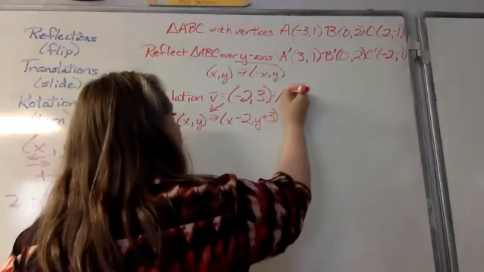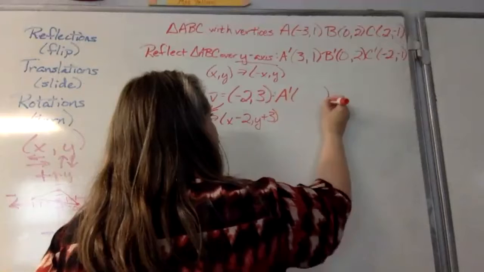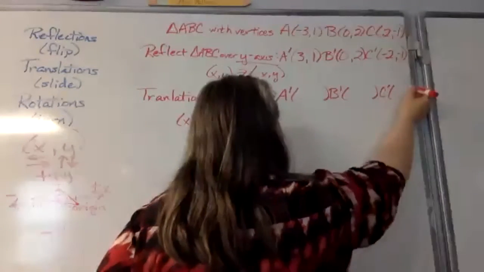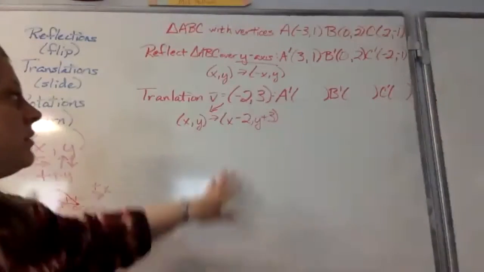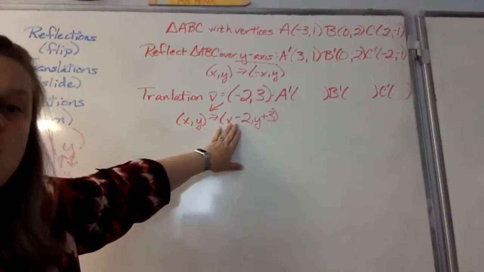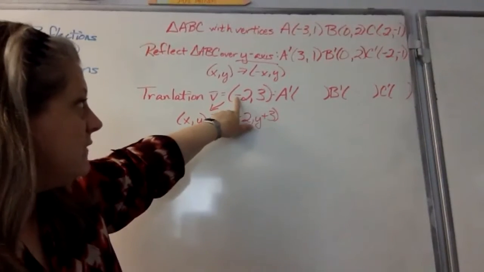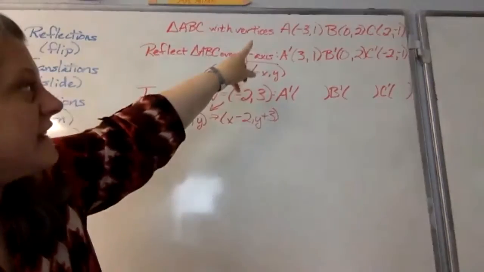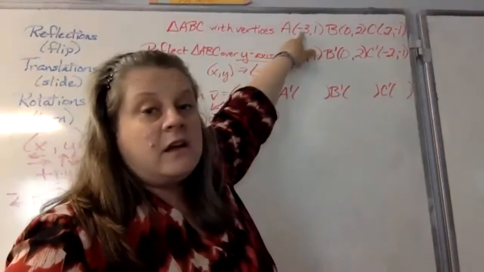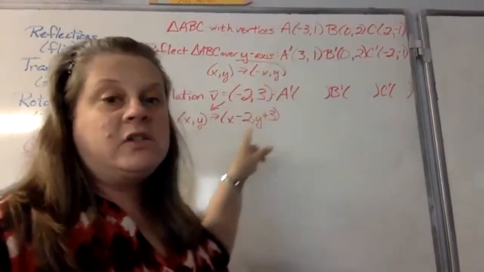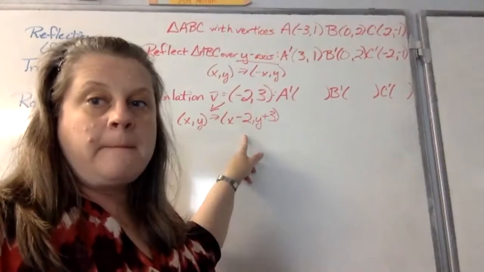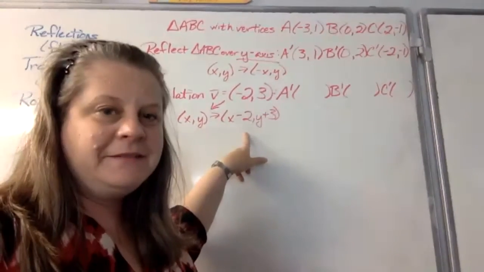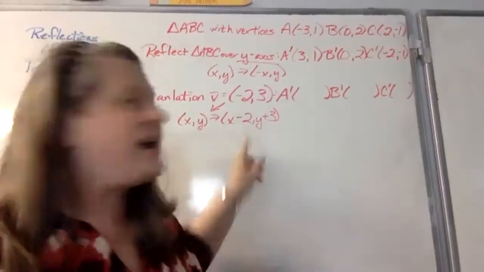Okay, so I've got to find my A prime, my B prime, and my C prime again. Remember, for my x values, I'm subtracting 2 because my translation vector was negative 2, 3. So on my x, I had a negative 3 here. What's negative 3 minus 2? Negative 5.